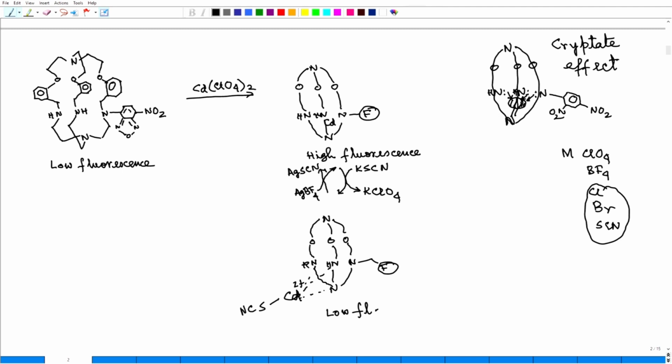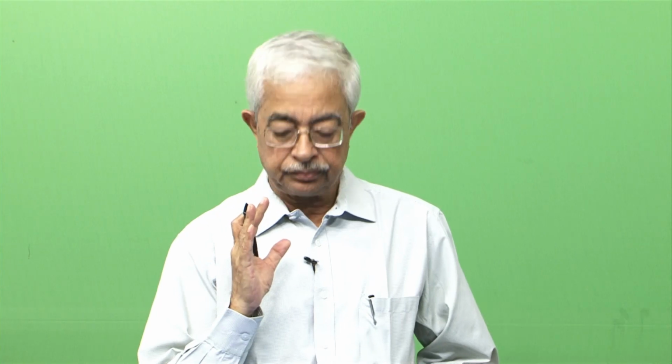Still, it has no choice but to bind here. But if we add thiocyanate, such as potassium thiocyanate, or sodium chloride, potassium bromide, etc., which are coordinating anions, then the metal comes out. It binds outside with chloride or bromide. This is nothing but coordination chemistry.